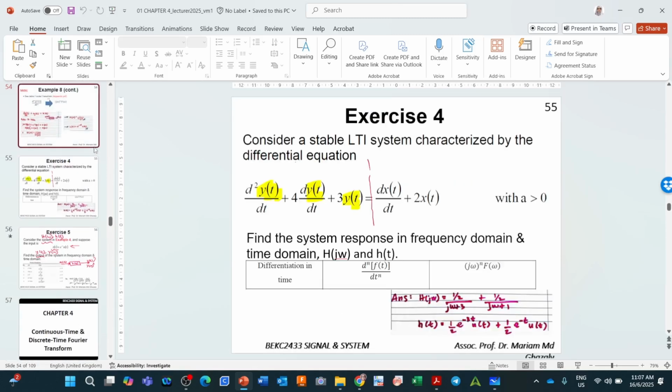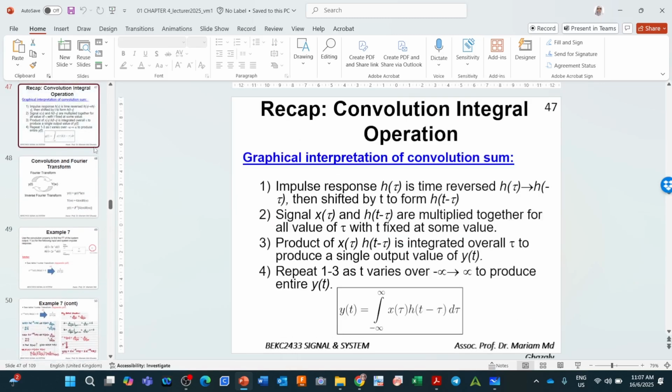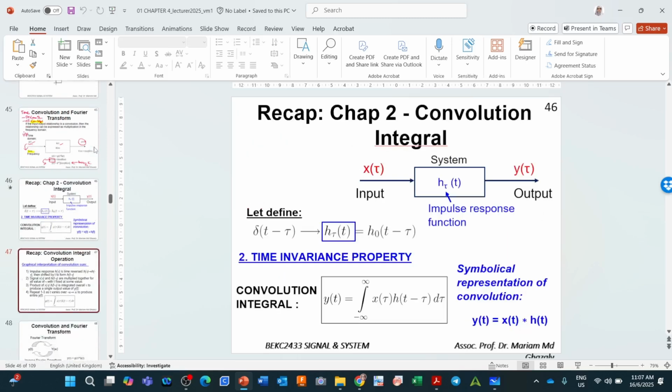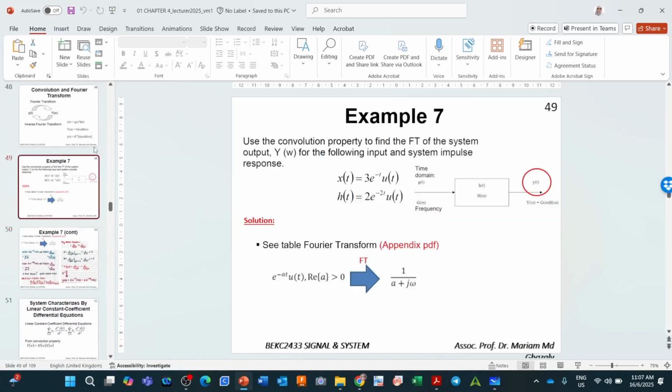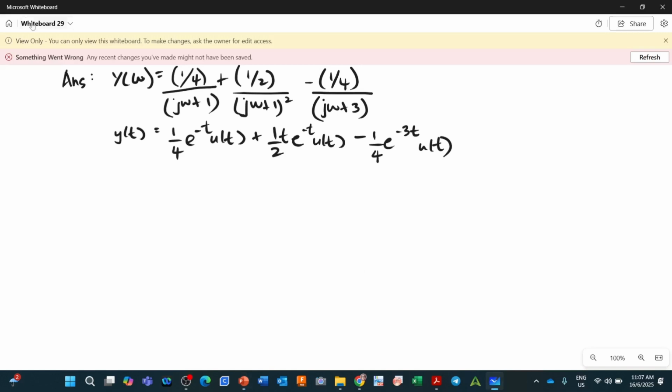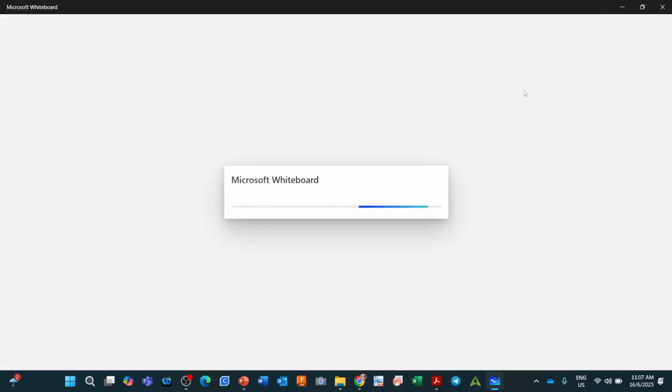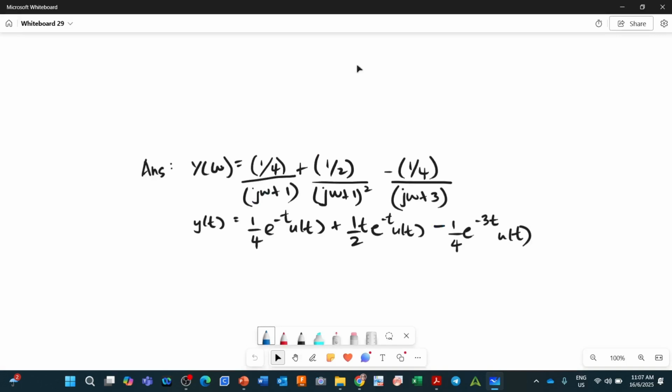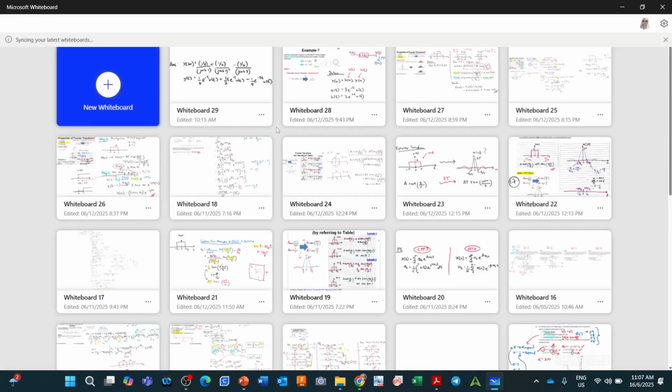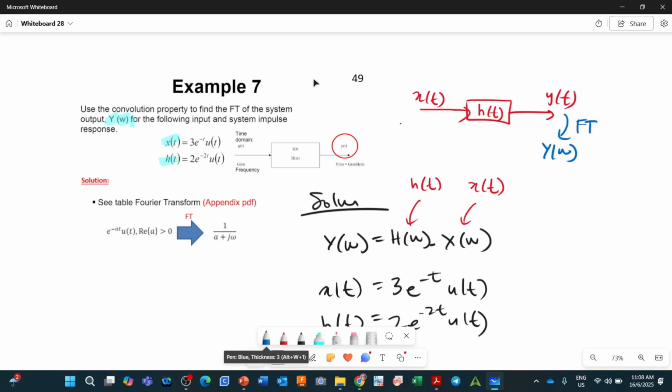So we stopped at this one, example 7. Open up example 7 that we have done last week.